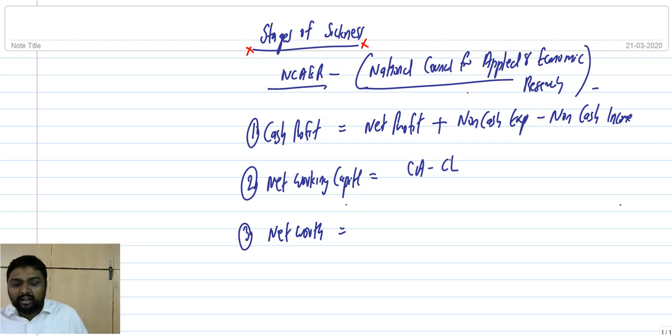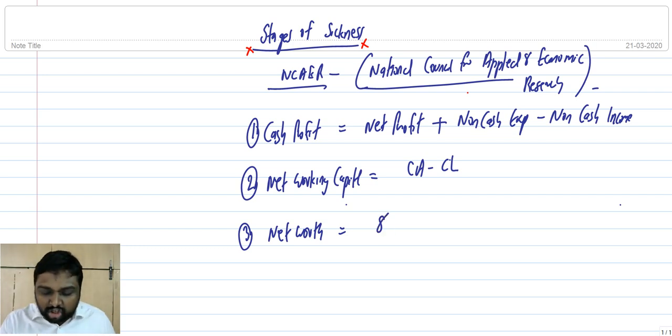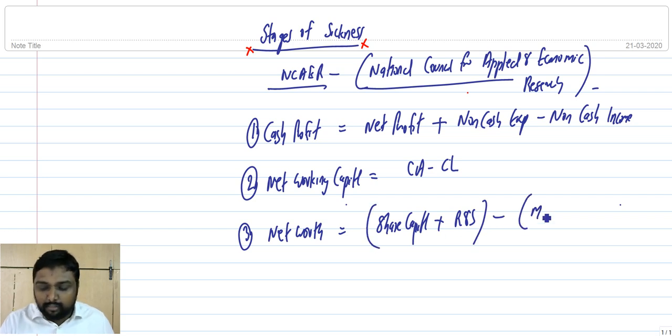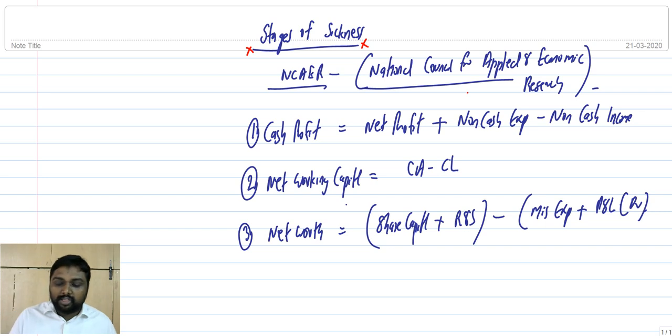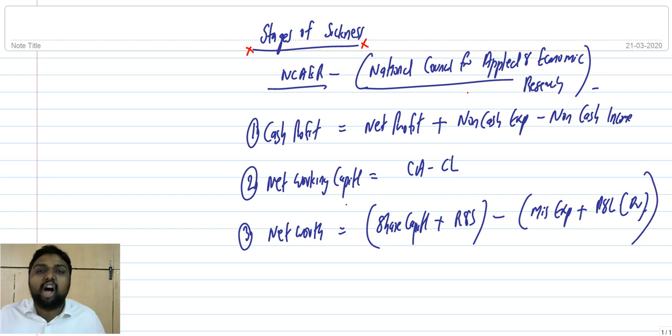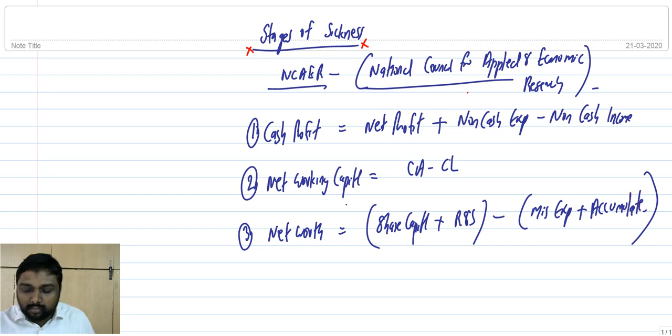Net worth is your share capital plus reserves and surplus, minus any miscellaneous expenditure or similar amounts written off, minus the P&L debit balance, that is, an accumulated loss. Are you clear?